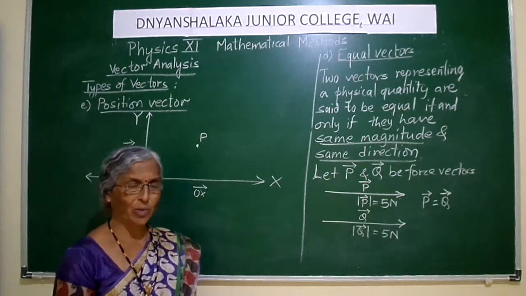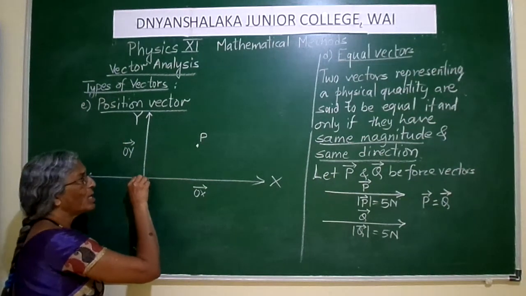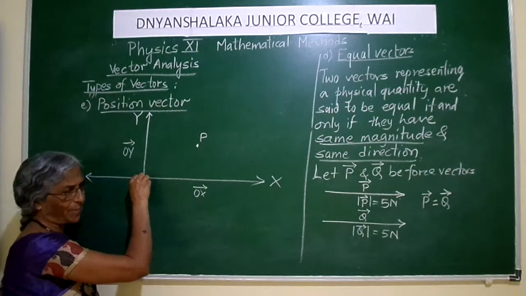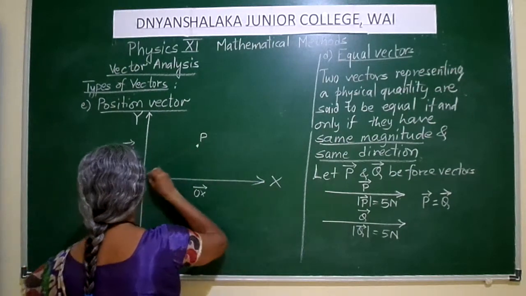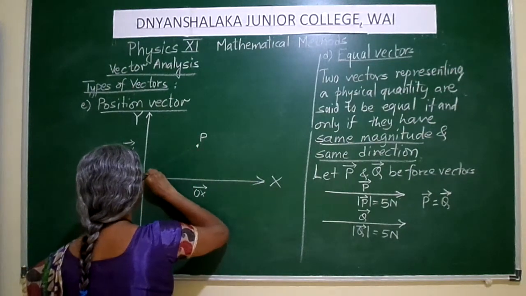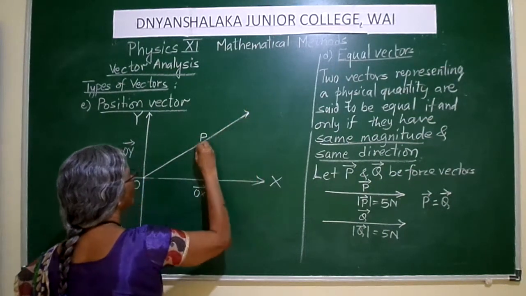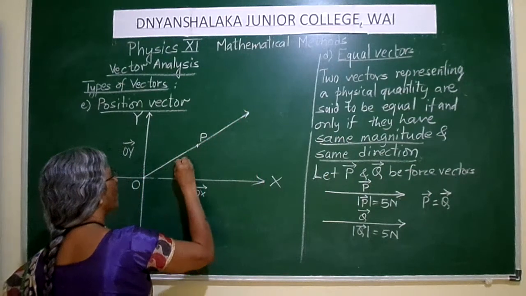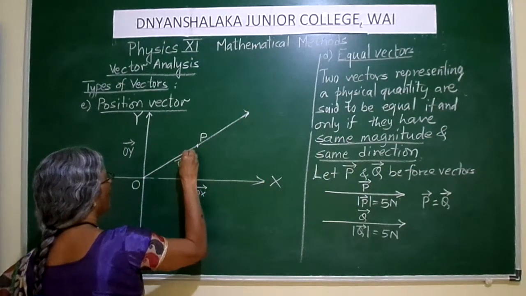Now what am I doing? I am joining this origin of the coordinate system with the point P. So I join it over here and extend it. So what am I having over here? I am having vector OP.